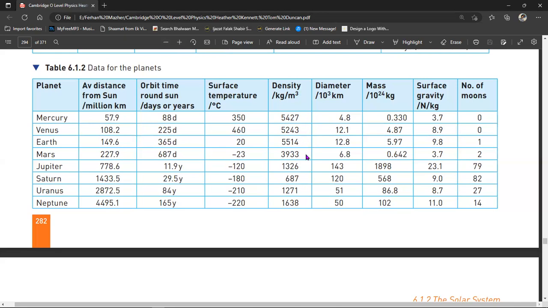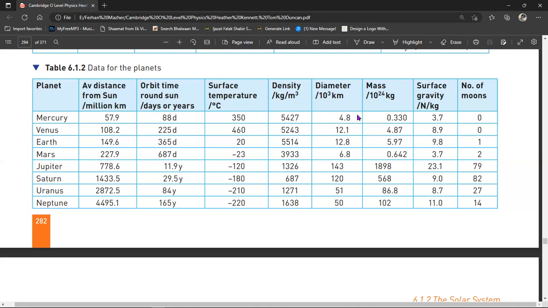Mars is 3933 kg per meter cube. Jupiter is 1326 kg per meter cube. Saturn is 687 kg per meter cube. Uranus is 1271 kg per meter cube. Neptune is 1638 kg per meter cube.